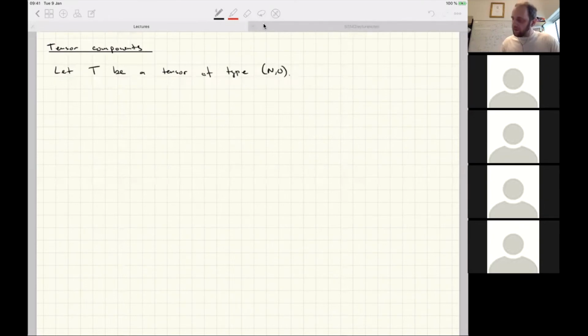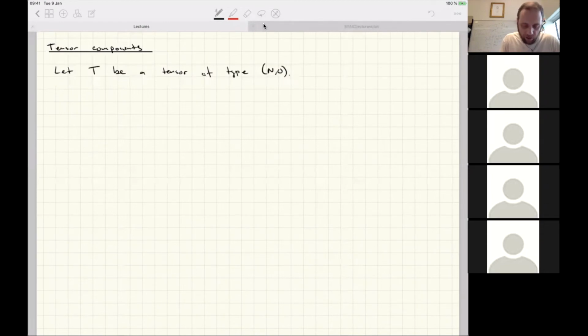Then I can ask myself, given a basis, given a coordinate system, how does this work on the basis vectors that we had defined earlier? In this case, on the dual vector basis.